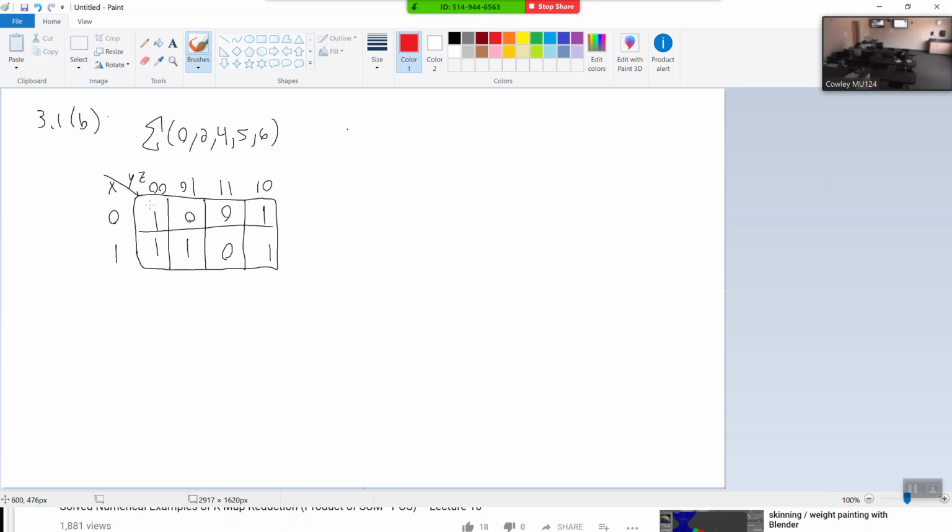And the pairings they use. Actually, these aren't even labeled. I'd better make sure I did the right one. 0, 1, 2.